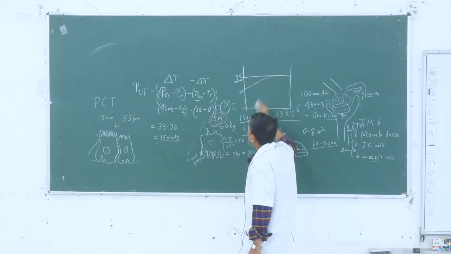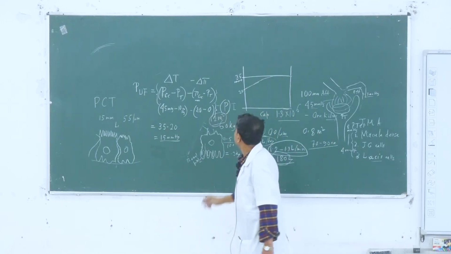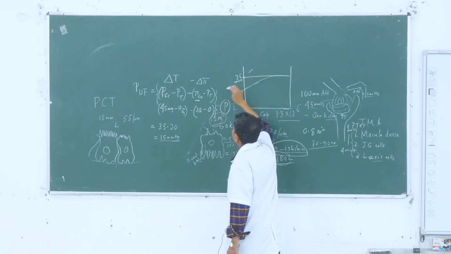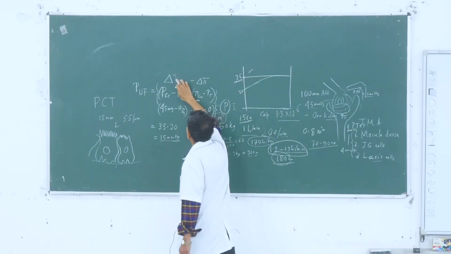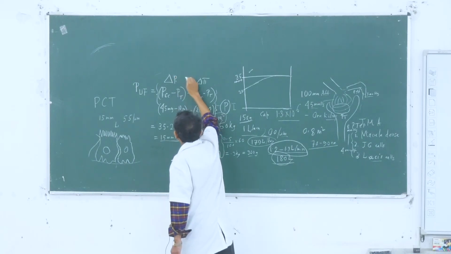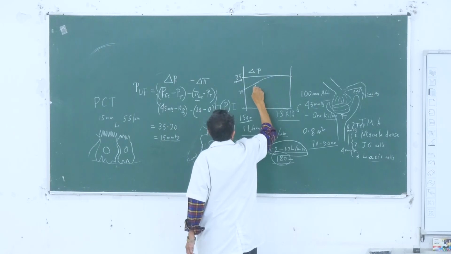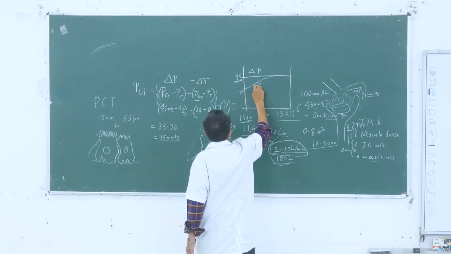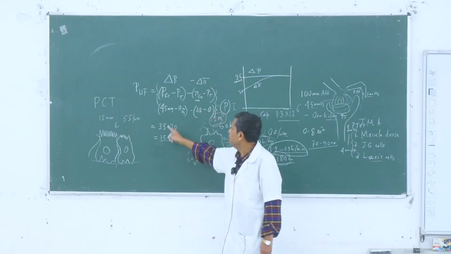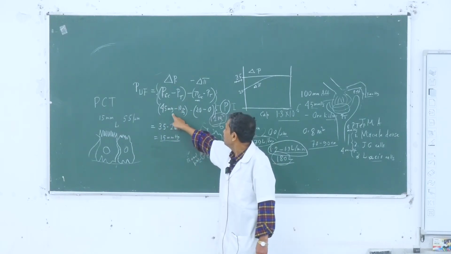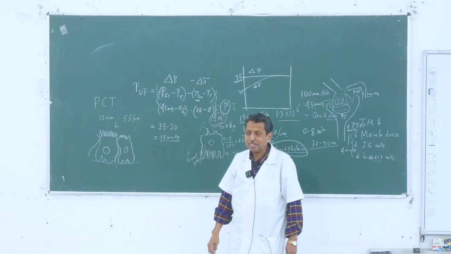Fluid, where its concentration do increase. PGC is the mean hydrostatic pressure of the glomerular capillaries, and PT is the mean hydrostatic pressure of the renal tubules, the Bowman space.